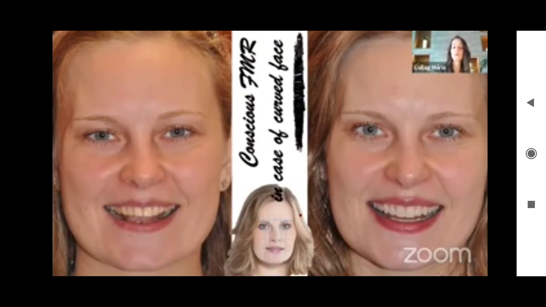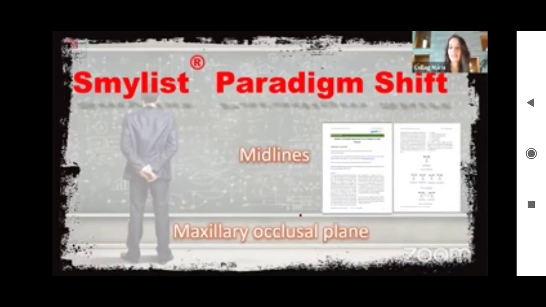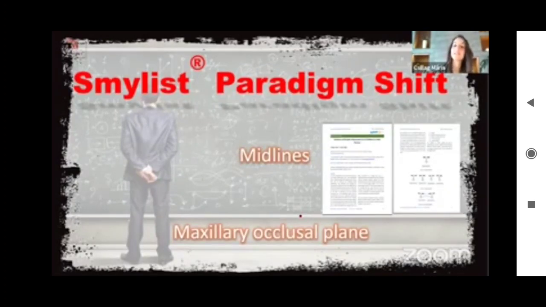Therefore, the occlusal plane is set in a canted way, converging to one side, to the right side. So the aesthetics really go hand in hand with the function as well. We have a lot of articles about that in my language and in English as well, so you can read about it.